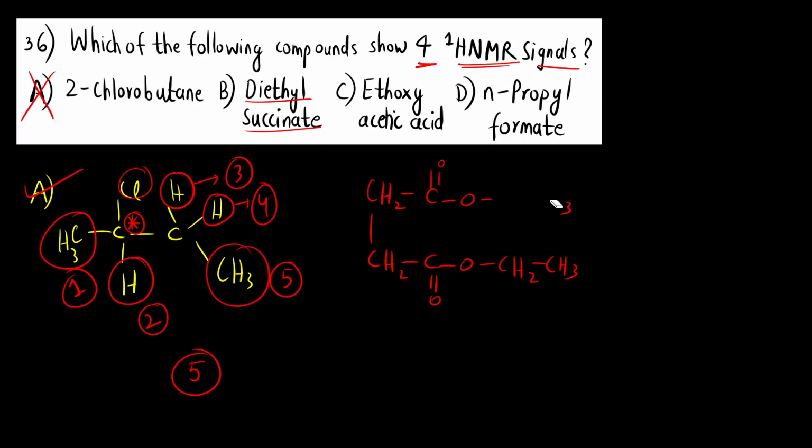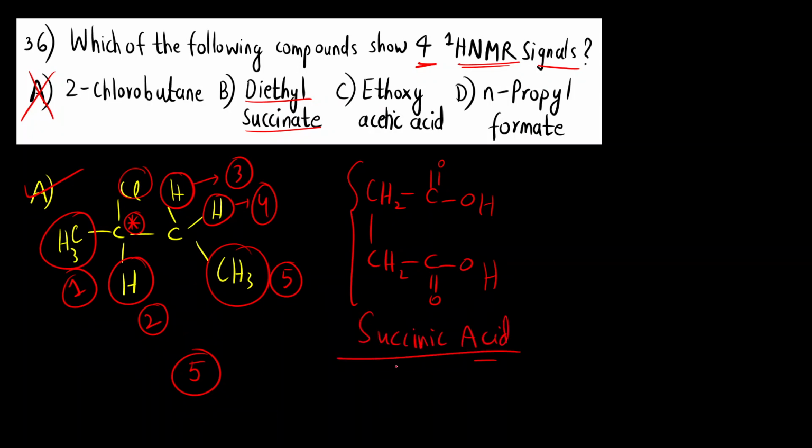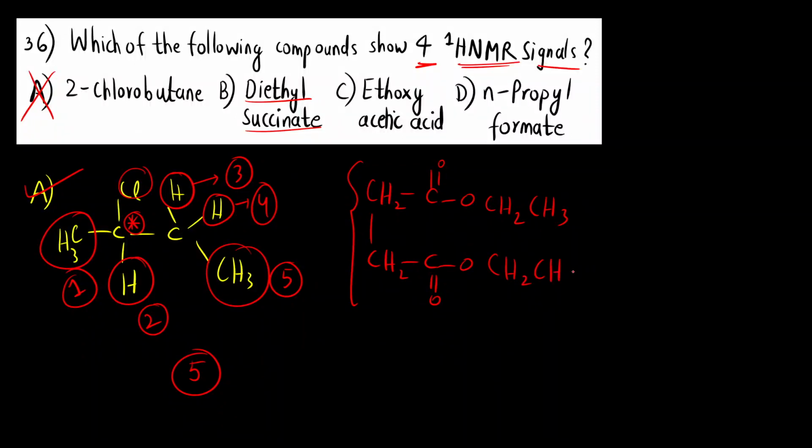I had made a video, named oh my such good apple pie, where I had given you the trick to remember succinic acid. Okay, you can watch that video. I will provide the link in the description. If you know what is succinic acid, then it is simple. Diethyl means you have to add CH2, CH3. Here also you will add CH2, CH3.